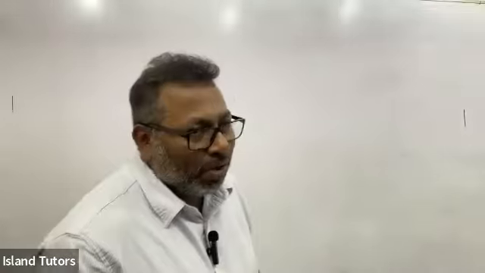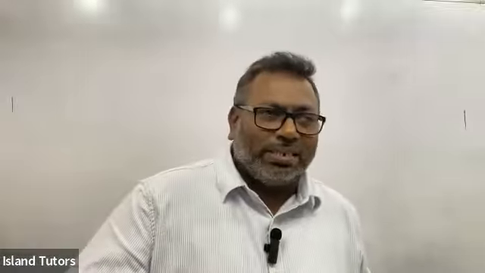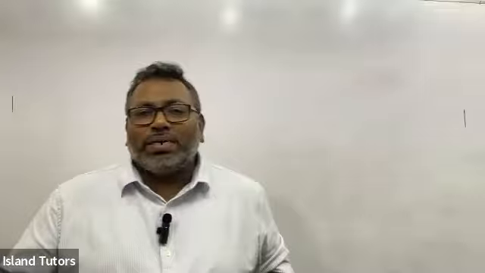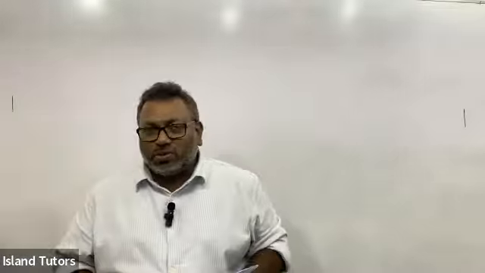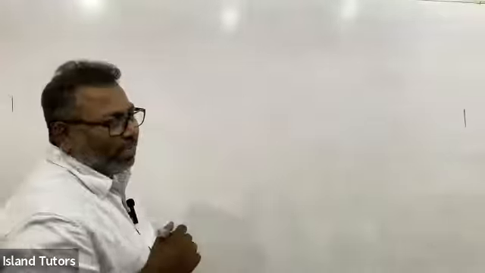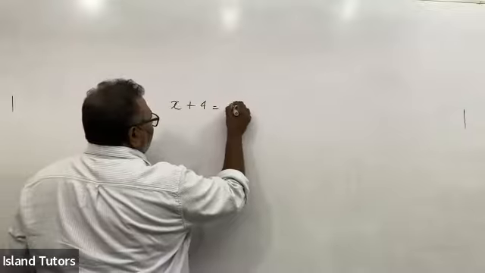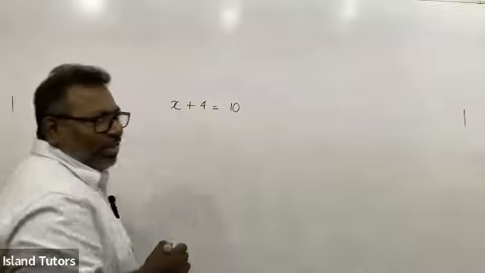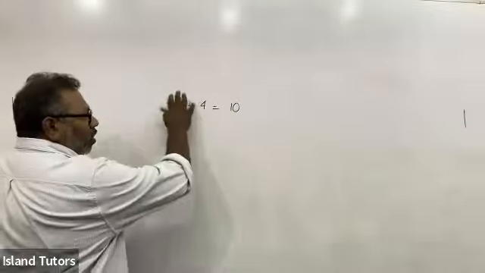So we'll start off by solving simultaneous equations. When do we use simultaneous equations? When you have two unknowns. In a normal linear equation, if you have x plus 4 is equal to 10, then x is your unknown.